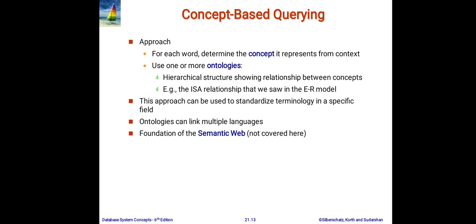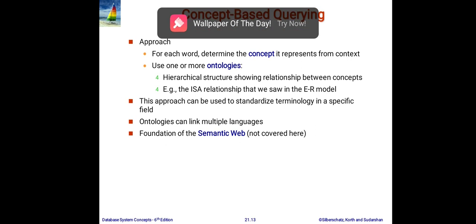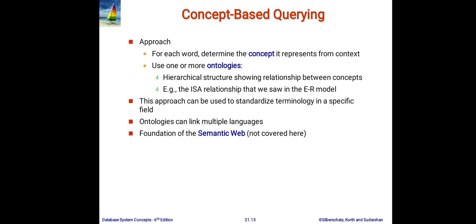This type of concept based querying will help you find the word which determines the concept. It is a standard approach where you have terminologies associated with a specific concept. For example, I want to find what the symptoms of malaria are. This is based on concept based querying.